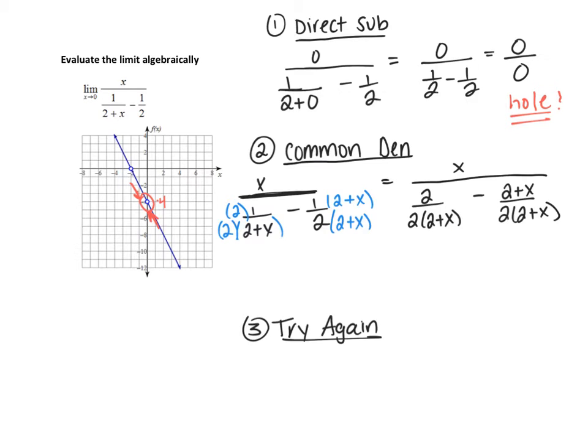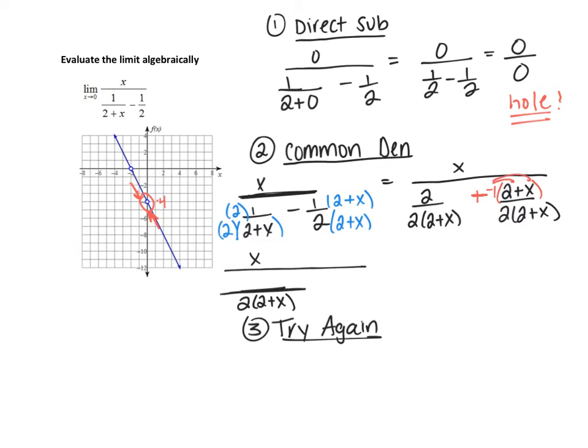So since the denominators are now the same, we can add them. So we're going to keep the top the same, so x over, and then the bottom is 2 over 2 plus x, right? That's going to stay the same. And we're going to add these tops. But notice how there's a minus. So I'm going to change that because we have to technically distribute it. I'm going to change it to a plus and -1, right? That's the same thing. Negative is the same thing as plus a negative.